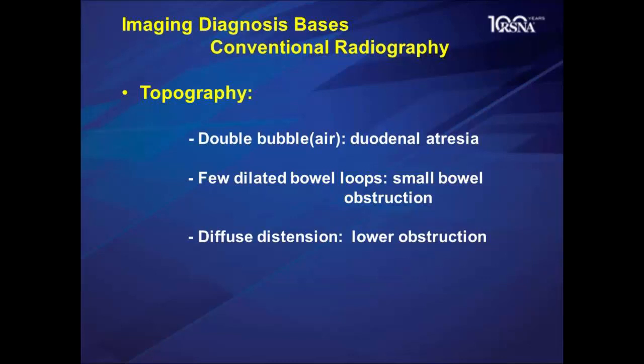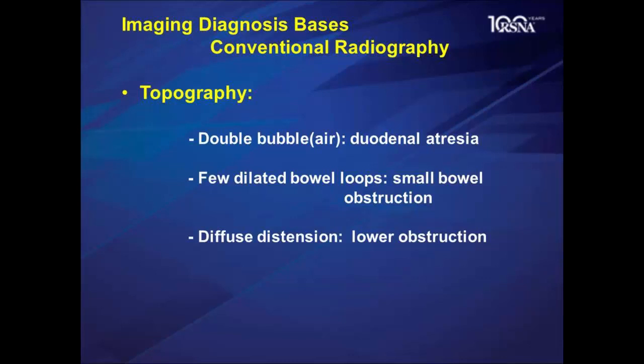Or if we see only a few dilated bowel loops, I did not say small bowel, but a few dilated bowel loops, it may imply logically that we have to deal with a small bowel obstruction. Later on we'll find out if it's in the jejunum or the ileum.